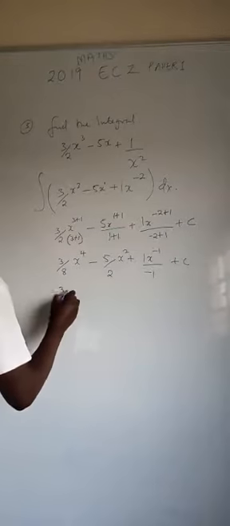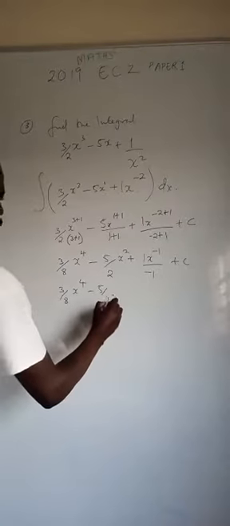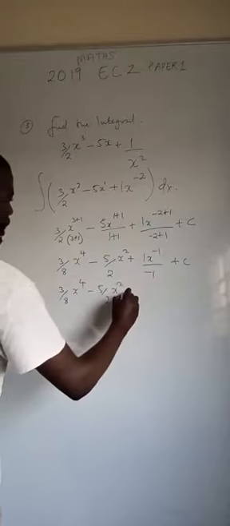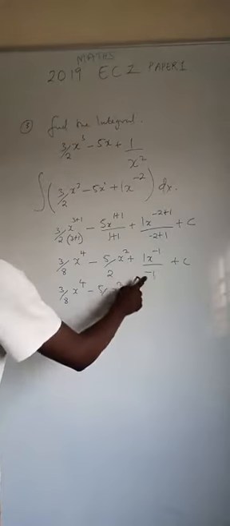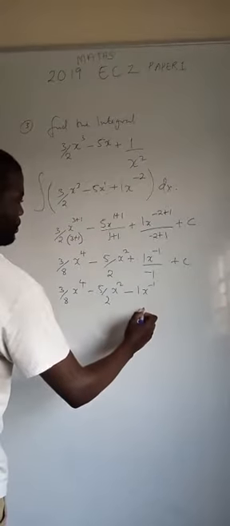Okay, so it will be 3 over 8 x to the power 4 minus 5 over 2 x squared, positive times negative. You see there's positive here, there's negative, so I'll put negative here. 1x negative 1.